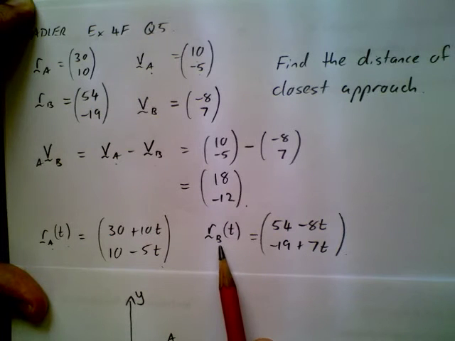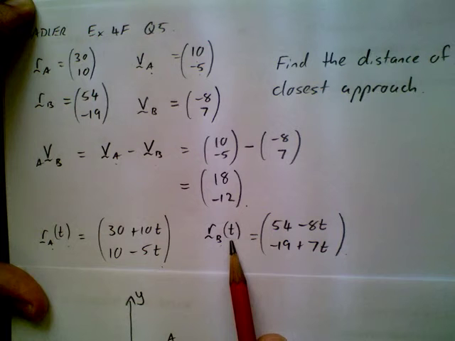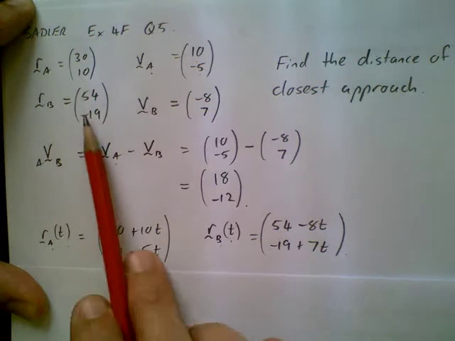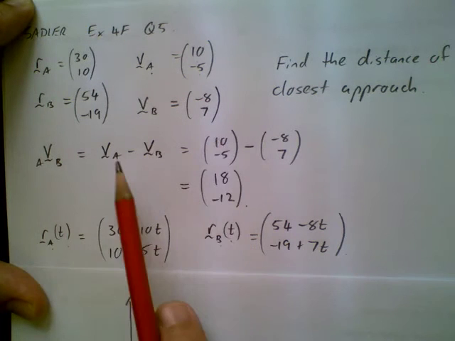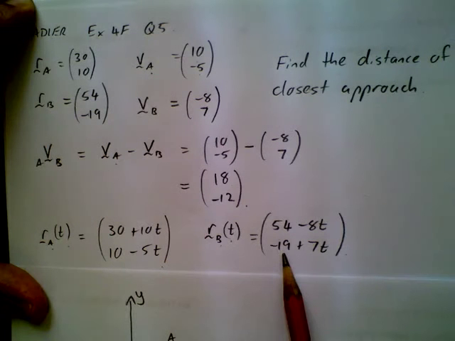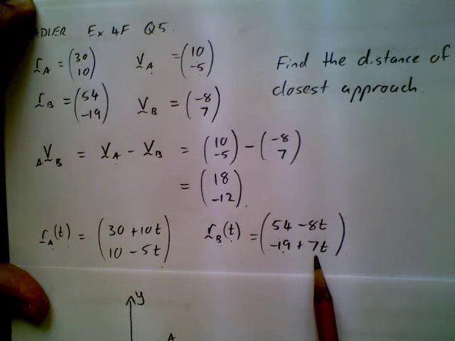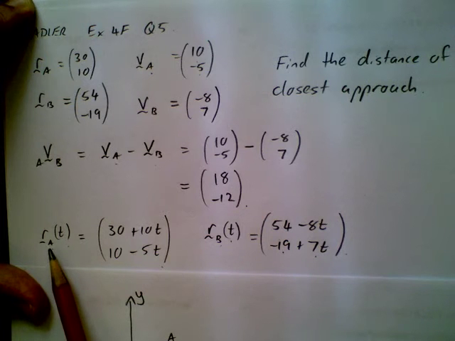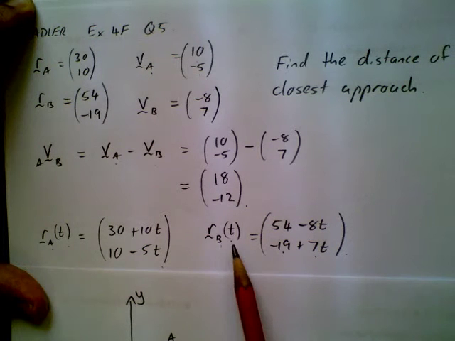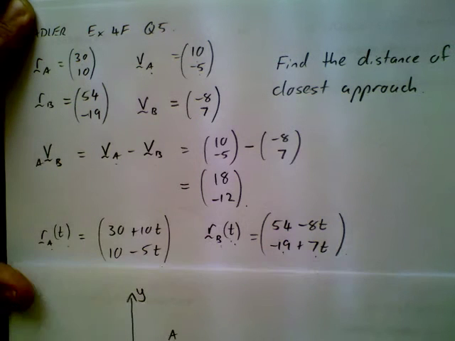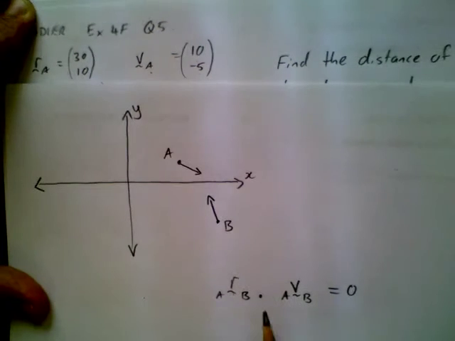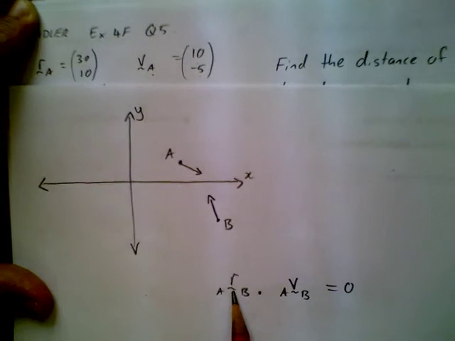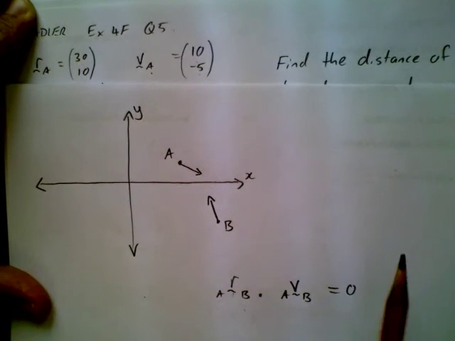Similarly for particle B, position vector of B with respect to time it will be 54 take 8t, and negative 19 plus 7t here. So now that we've got both position vector of A and position vector of B with respect to t, we can then work out our position vector of A relative to B.